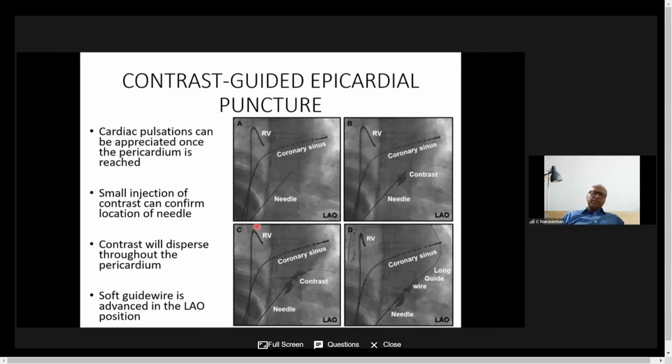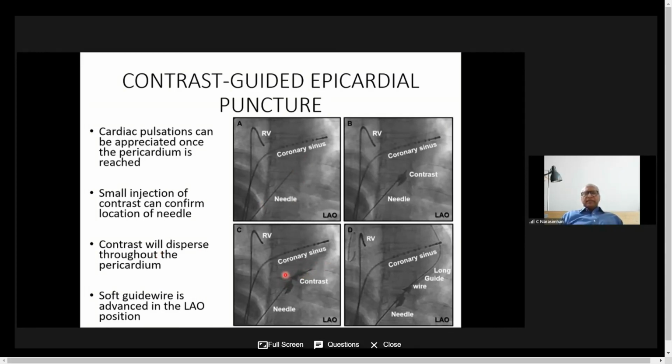So just go through, and as you are going, there are two ways of doing it. One is to feel the pulsation. The other option is to put a little bit of saline on the needle. As you go towards the thorax, the meniscus will start oscillating. That will tell you where you're entering the intrapericardial space or above the diaphragm. The moment you inject contrast, you'll see a layering of contrast like this.